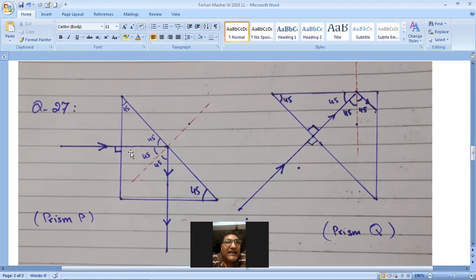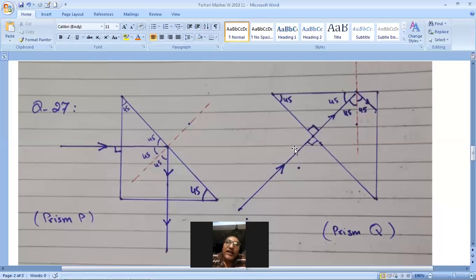This angle is 90, this angle will be 90. Because it's a 45 degree prism, if this angle is 45, this angle will be 45. It means the angle of incidence here is 45, which is more than the critical angle. So total internal reflection will take place and the light will go this way.